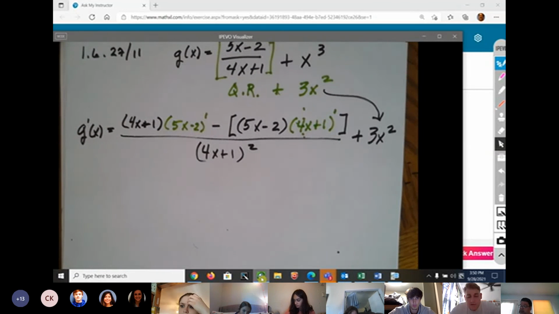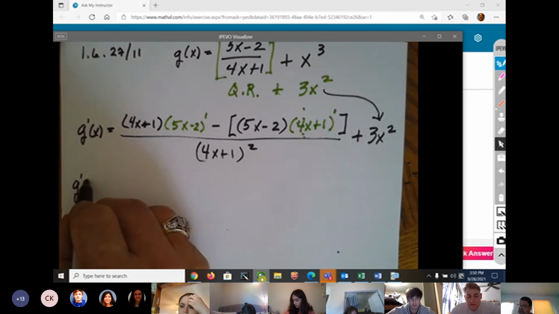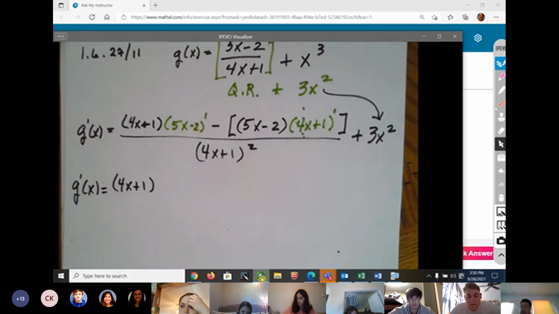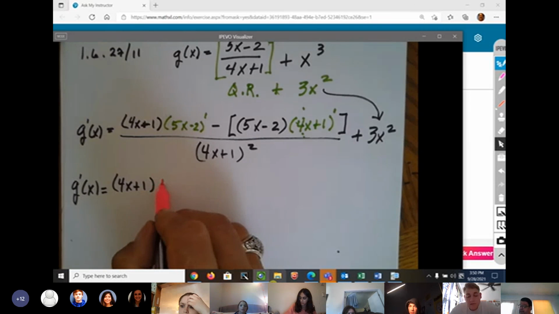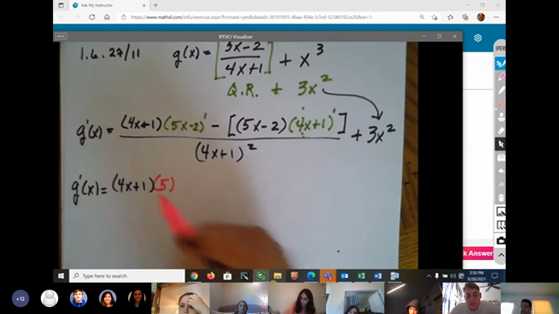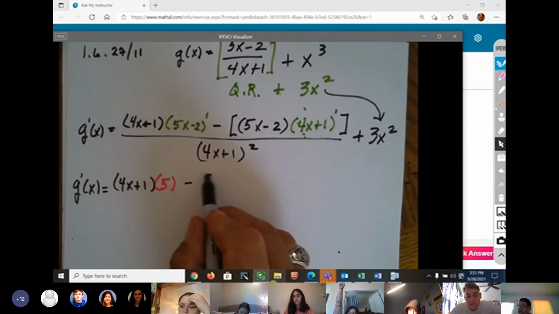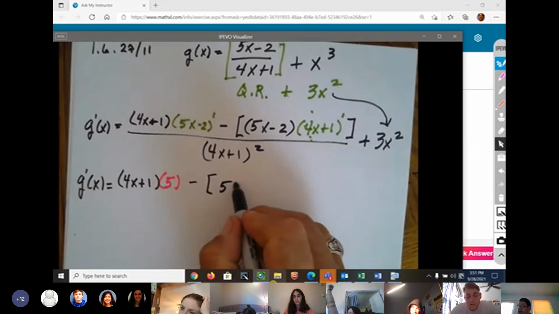Okay, so g prime of x is equal to (4x plus 1). And somebody tell me, what is the derivative of 5x minus 2? 5. Times 5, minus brackets 5x minus 2.